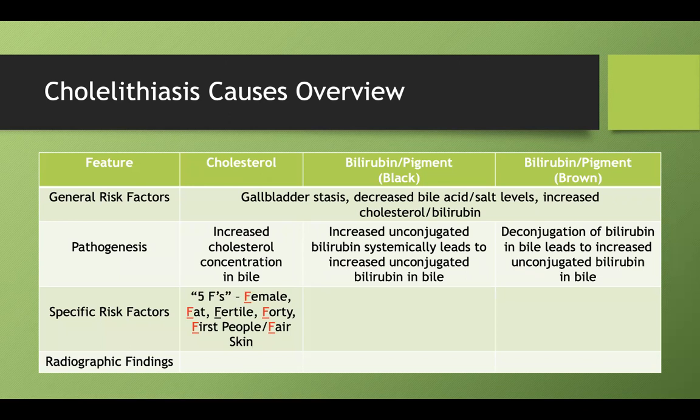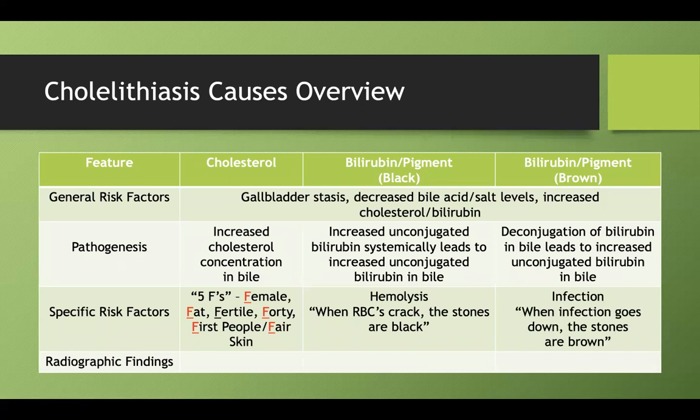So our risk factors for cholesterol stones were our 5 Fs. Anybody who's female, fat, fertile, 40, or first peoples/fair skin, those are all risk factors for cholesterol gallstones specifically. For black pigmented stones, we know that it's hemolysis, and our mnemonic was when RBCs crack, the stones are black. And for brown pigmented stones, infection in the biliary tree is a risk factor. And so when infection goes down, the stones are brown.